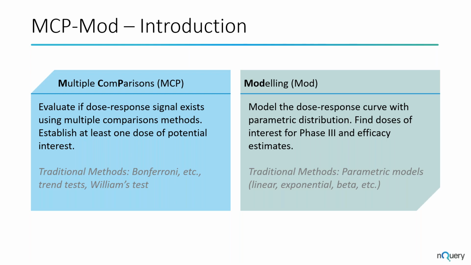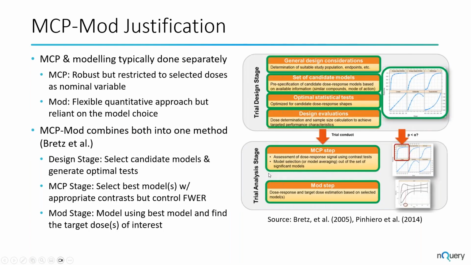And this will give you an expanded set of candidate doses for consideration if advancement to Phase III is successful. And then down here you have some common parametric models like we saw a minute ago: linear, exponential, beta, etc. So why was MCP-Mod proposed if you can do one or both of these steps anyway?